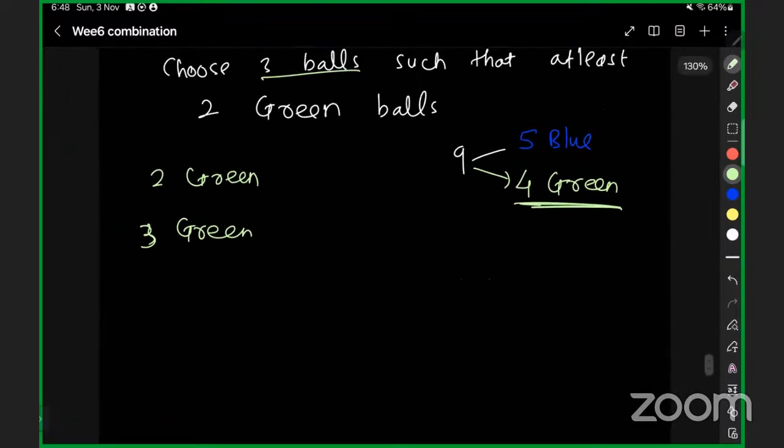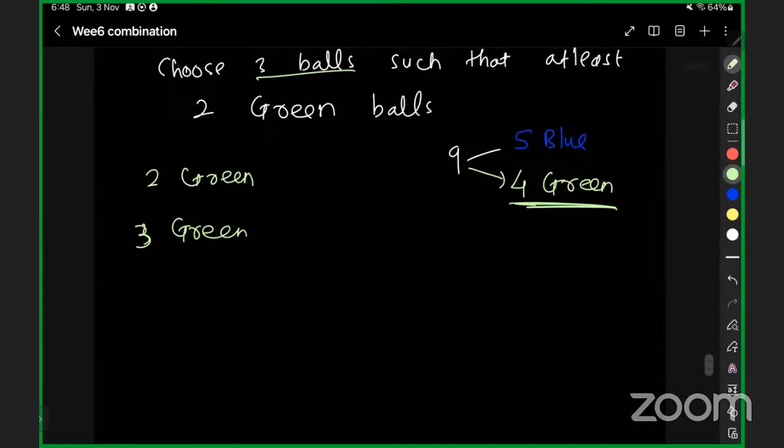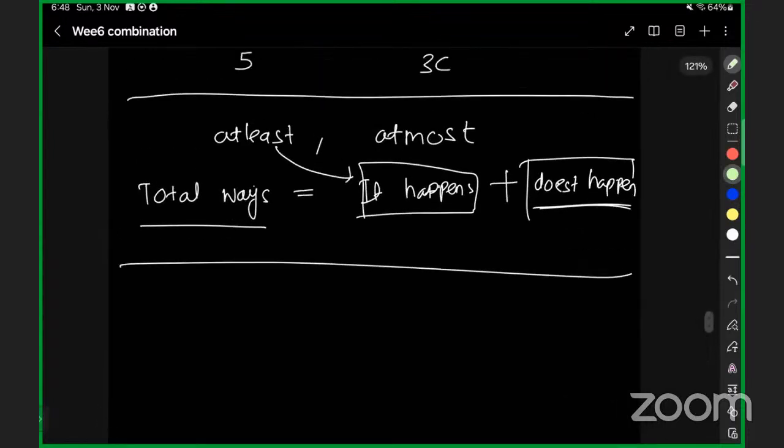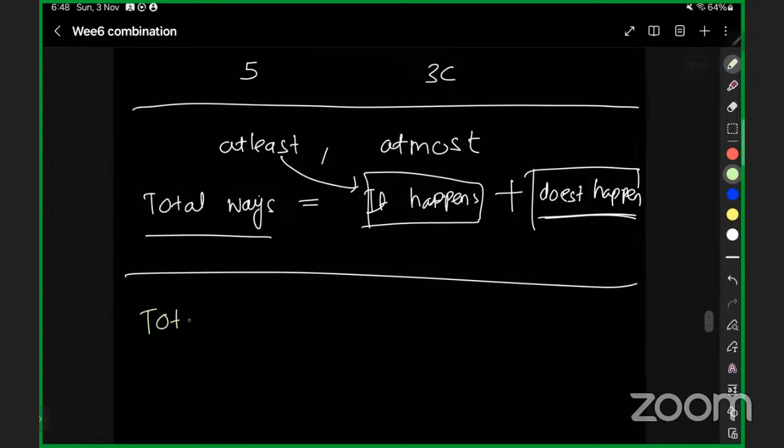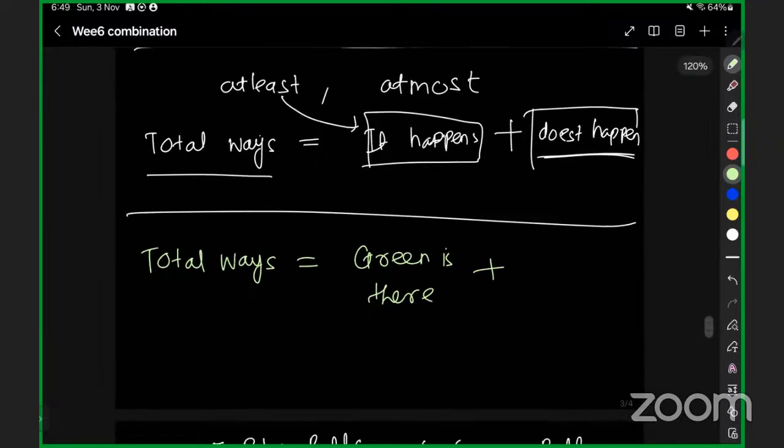So what I was mentioning is, it happens and it doesn't happen. We can write the total ways, and then let's say it happens means 2 or more than 2 green is there, and another case is green not there. We can write these 2 cases and subtract from the total.